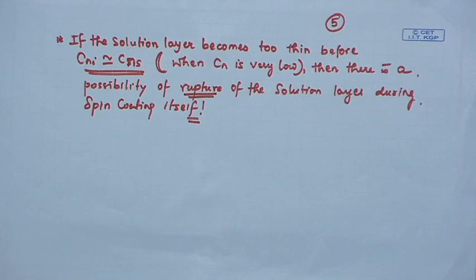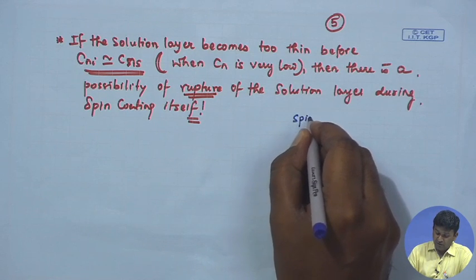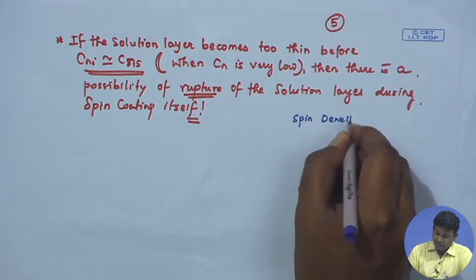Do not forget, this has a significant amount of solvent, so its viscosity is much lower than a polymer melt, and if thermodynamically there is reason for disjoining pressure to amplify the fluctuations, then immediately it ruptures. Under this condition, the solution layer may rupture during spin coating itself, leading to dewetting, and this phenomenon is known as spin dewetting.